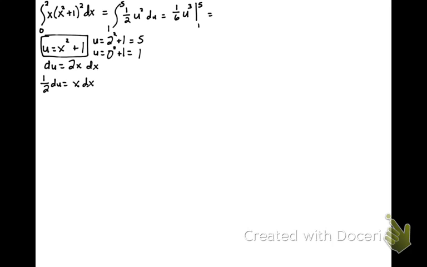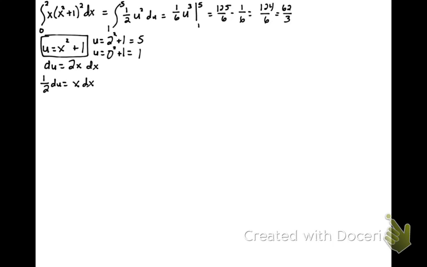If I leave it, 5 cubed is 125, so 125 over 6 minus, I'm going to substitute in 1 over 6, and this becomes 124 over 6, which is equivalent to, let's see, everything's divisible by 2, so 62 over 3.